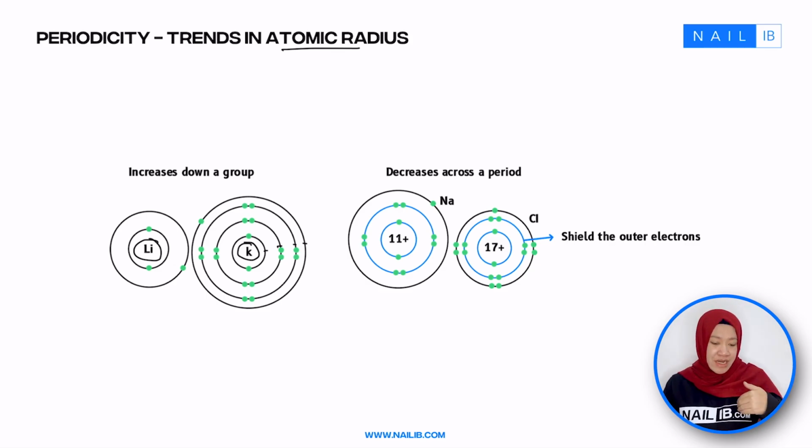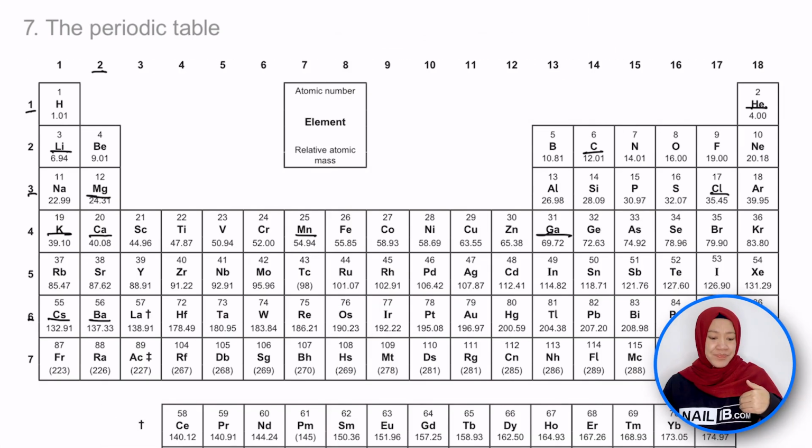So when you go down a group, from H that has only 1 shell, Li that has 2 shells, Na 3 shells, until even 6 shells, the number of shells increases, therefore the atomic radius also increases. So that is from up to down a group.